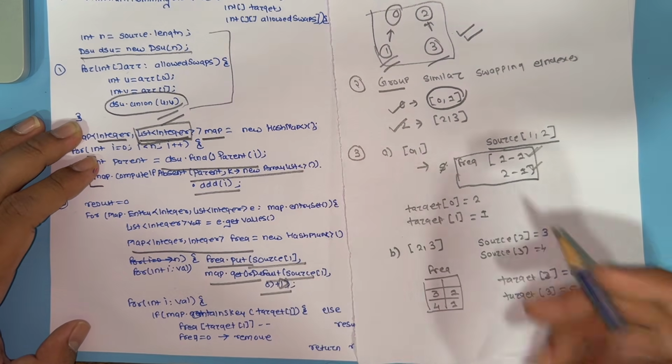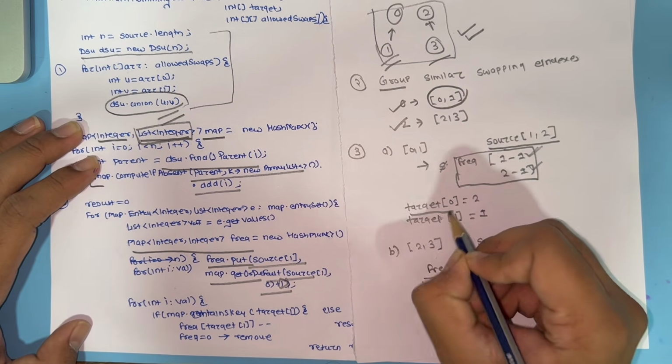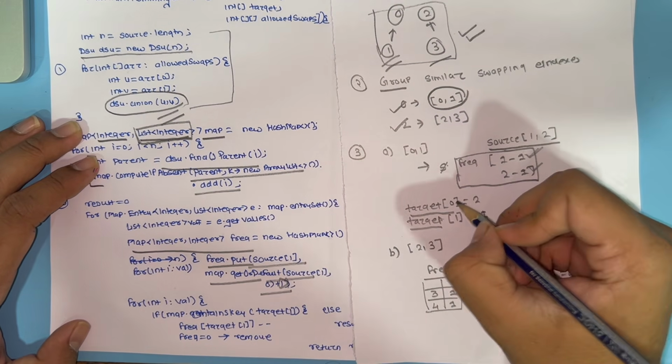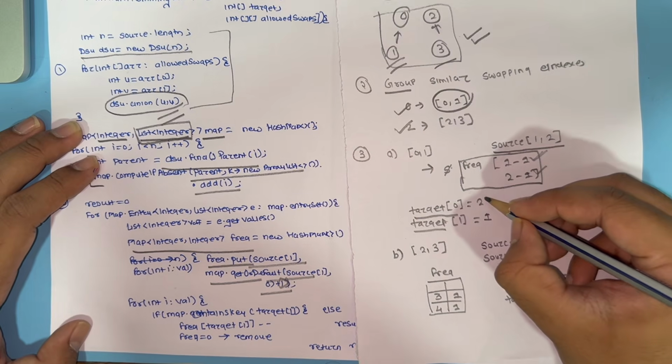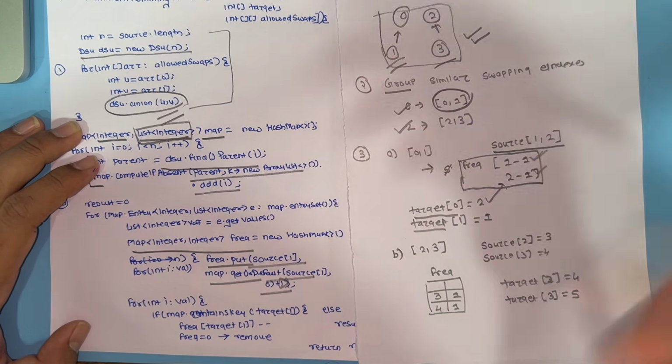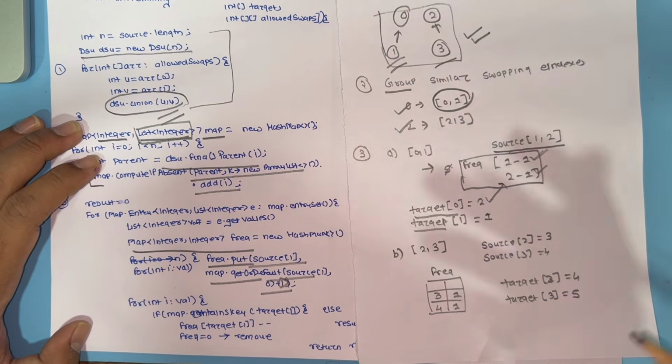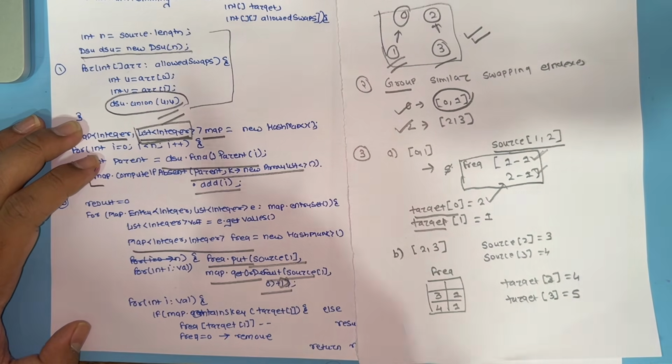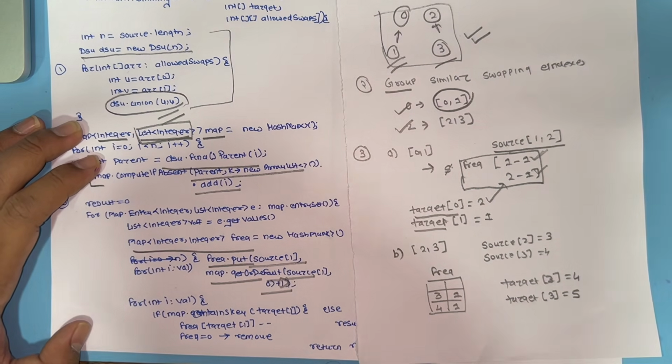At the end, we are comparing with the target values. So for the target at 0, we check if it's present in the frequency map. If it's present in the frequency map, we can just nullify it, so it will not contribute to our distance. If it's not present, then only it will contribute to our distance.